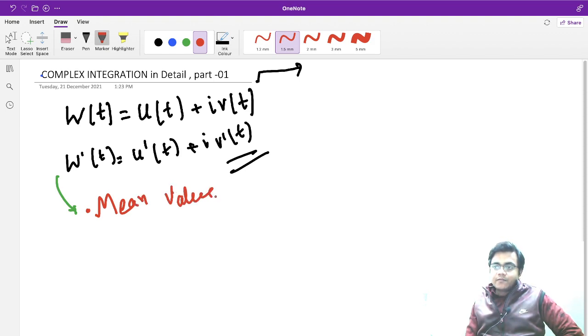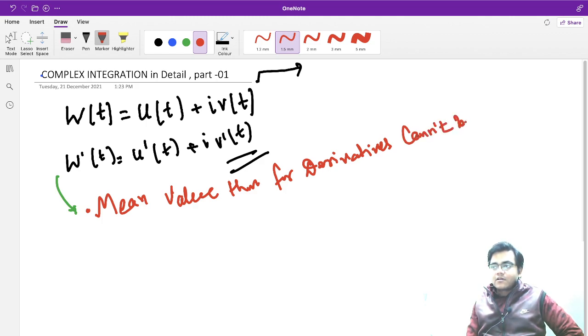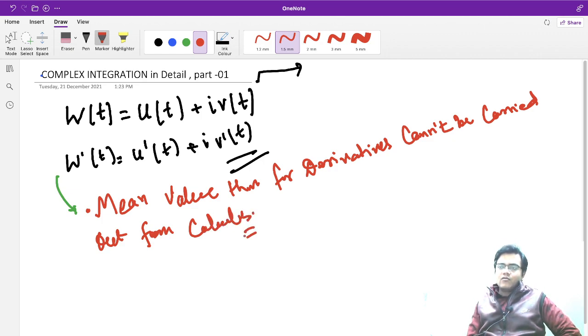Mean value theorem for derivatives. Mean value theorems for derivatives cannot be carried out from calculus. Why and how?